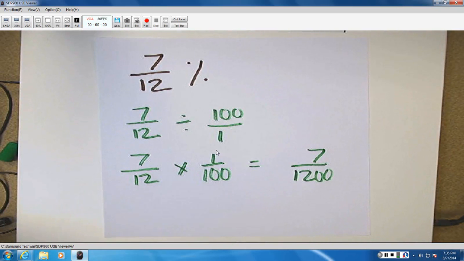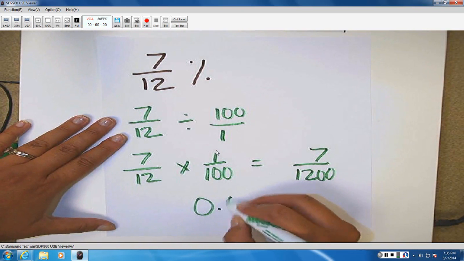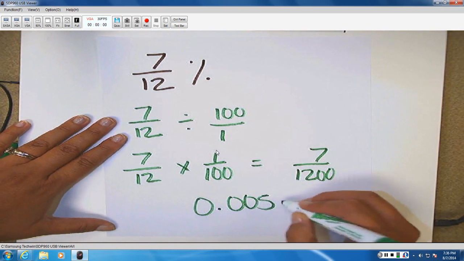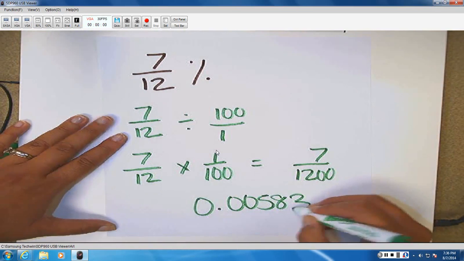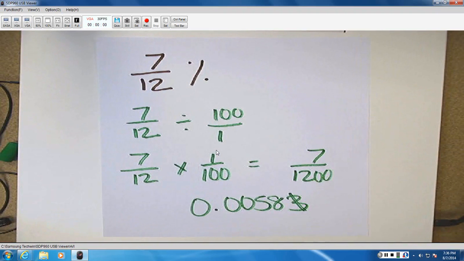I'm going to take 7, divide it by 1200, and I end up with 0.00583 if you want to carry it that far, or you could drop off the 3 and just be 0.0058. It doesn't specify where they want us to round to.